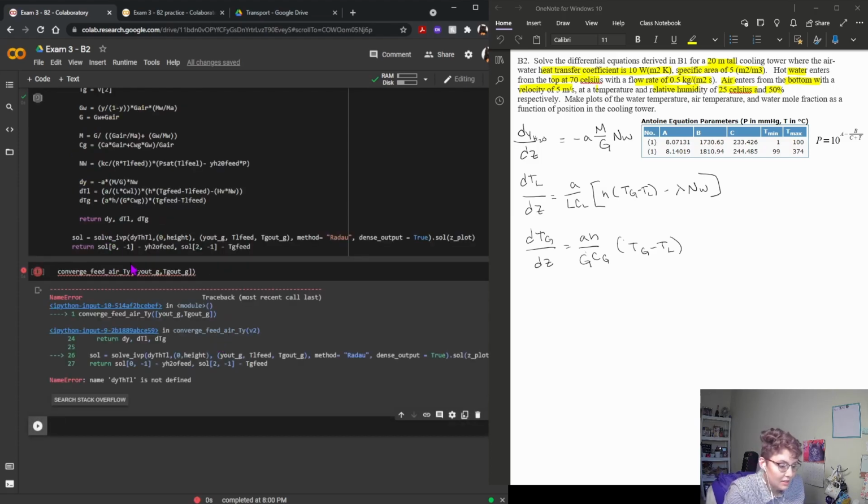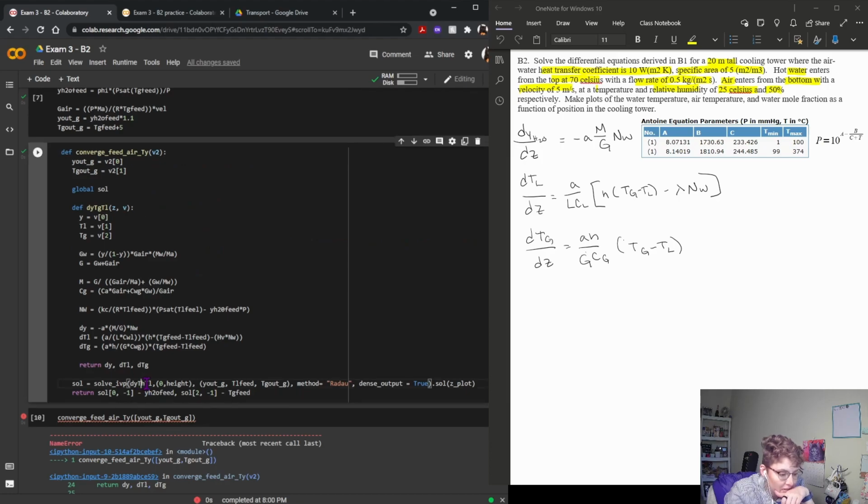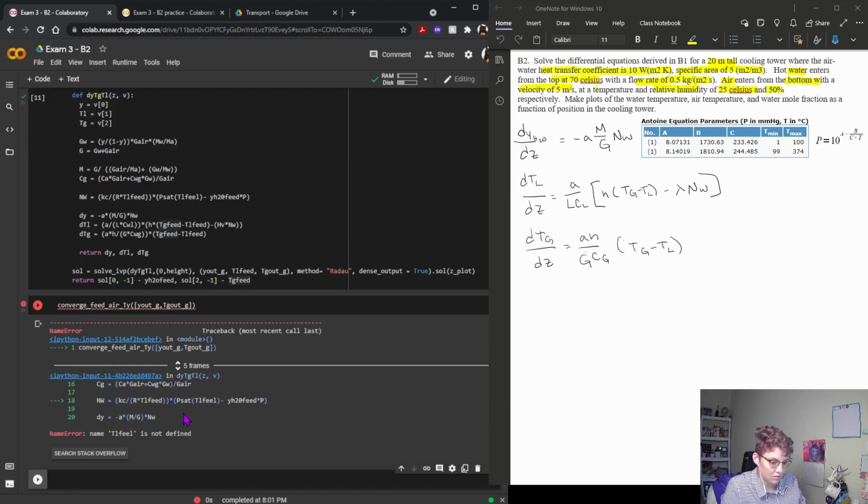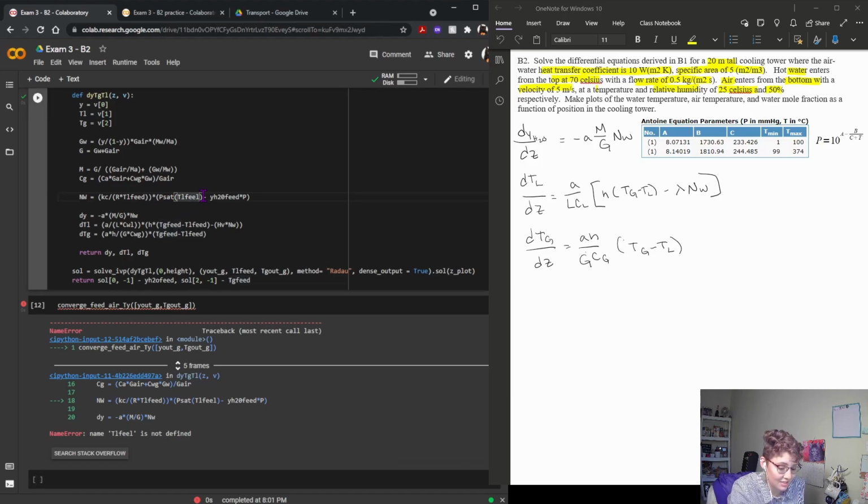Okay, errors. That is why it is not defined. Oh, there it is. It says TG. There we go, let's try it again. TL, aha, yes, that would be undefined considering it is wrong.